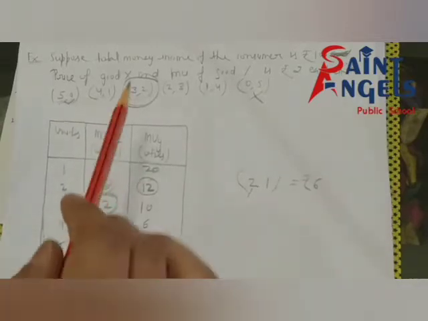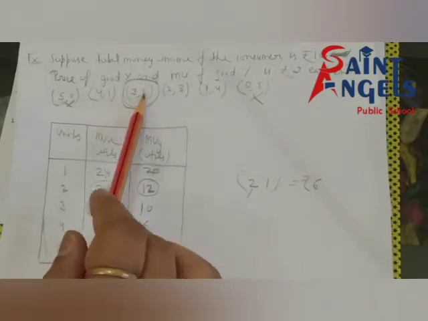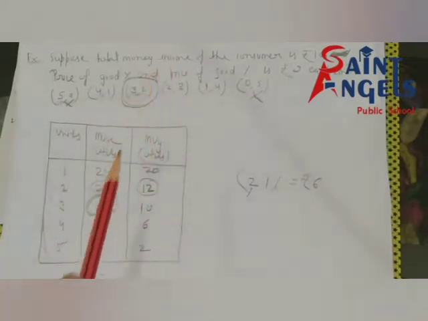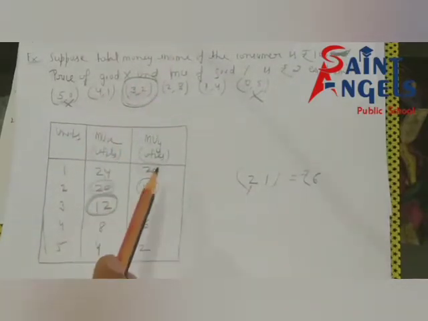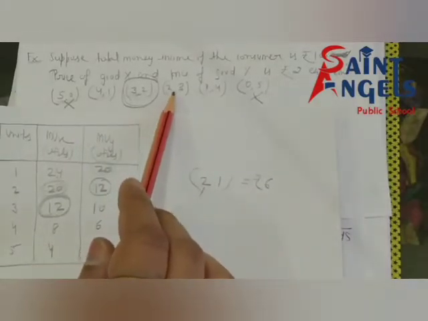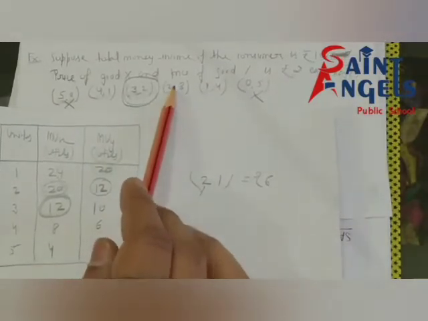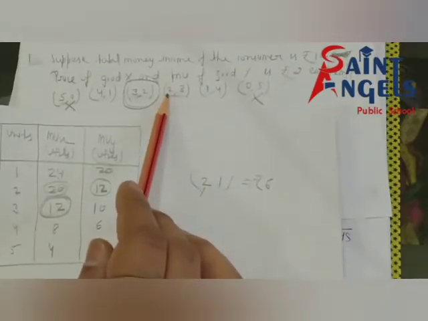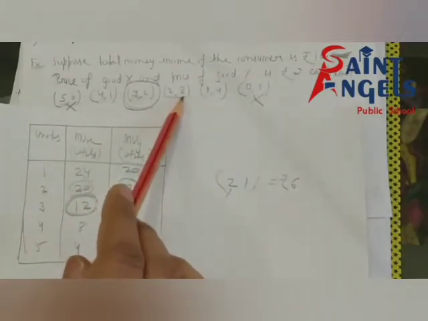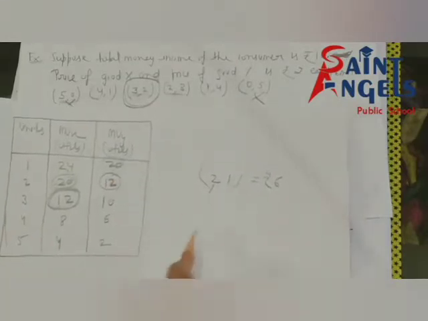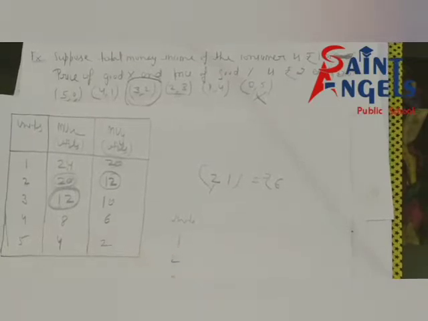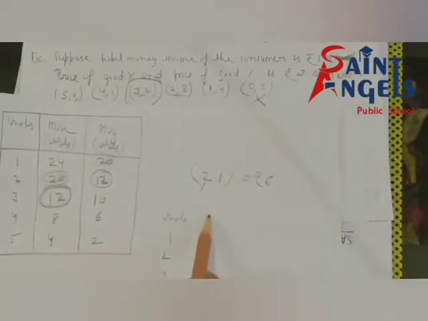See, I'm showing consumer equilibrium by using this combination, 3 units of good X and 2 units of good Y. Suppose I am showing consumer equilibrium by using this combination, 2 units of good X and 3 units of good Y. According to this combination, the table will be like this: 1 2 3 4 5, MUX, MUY.